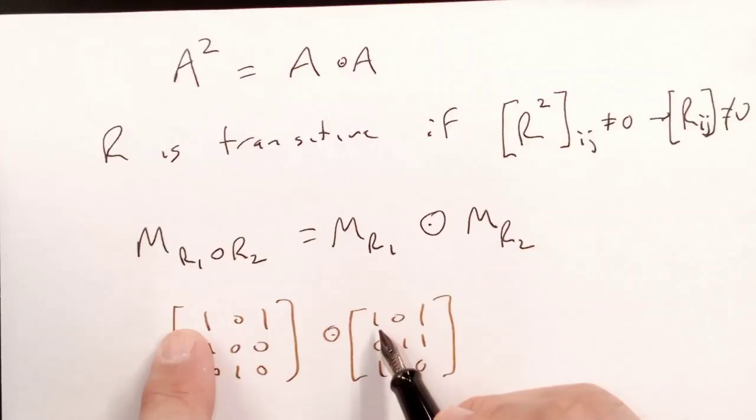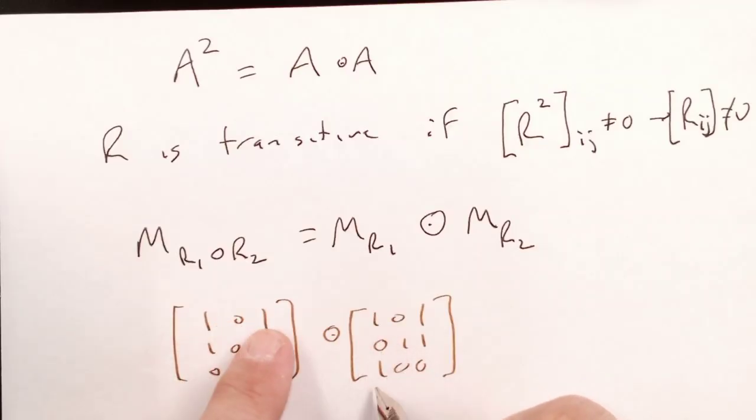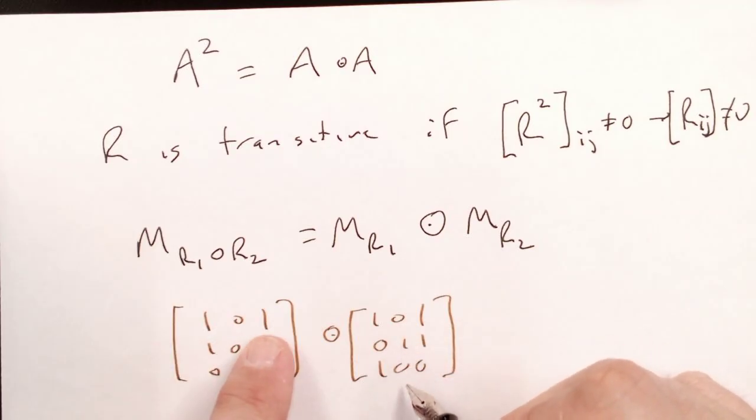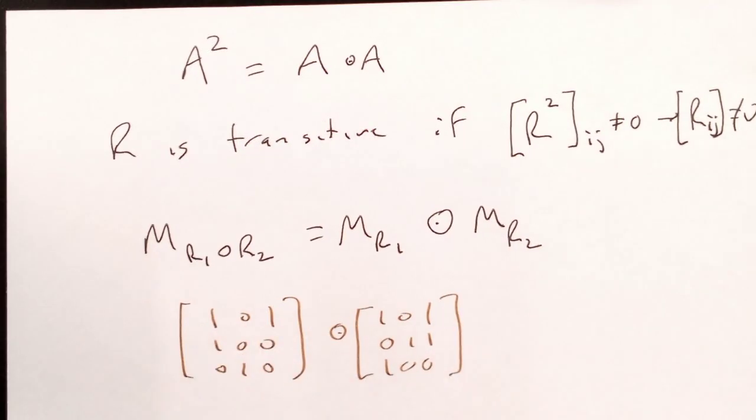One, 0, 1. OR those together, I get a 1. 0, 0, 0. What do I get? A 0. See? I've got to go across and down.